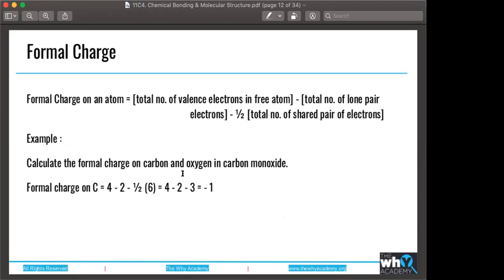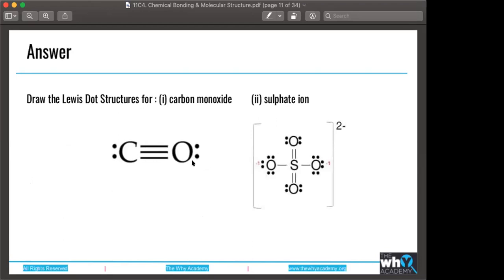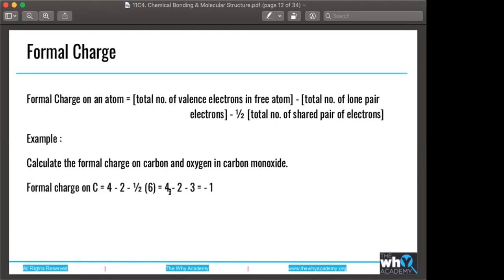Calculate and see. It's +1 only: 6 minus 2, minus 3. Yes. So 6 valence electrons, minus a single lone pair of 2 is 4, minus half of 6 which is 3, gives +1.